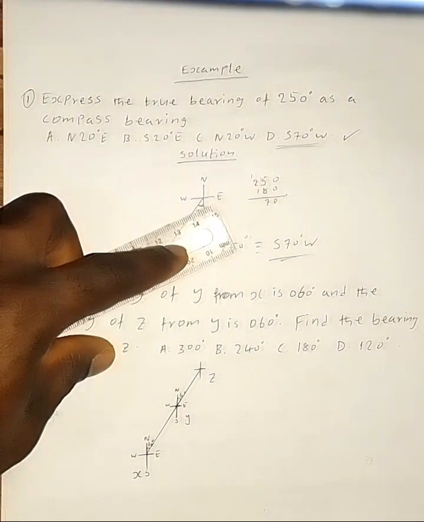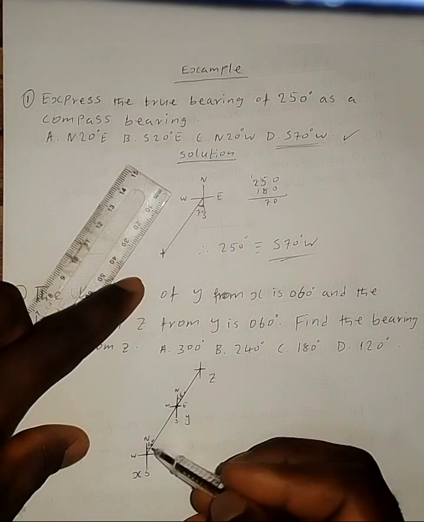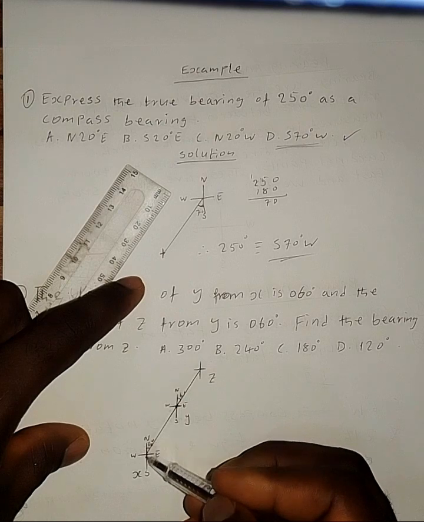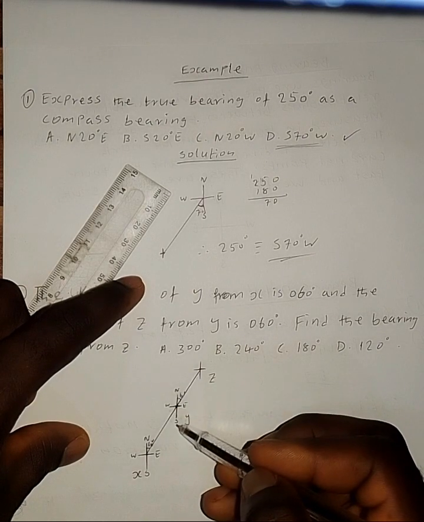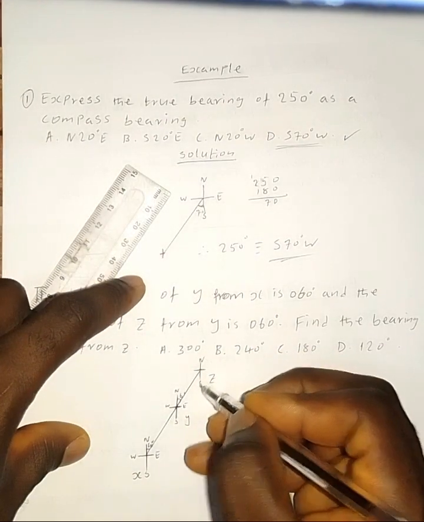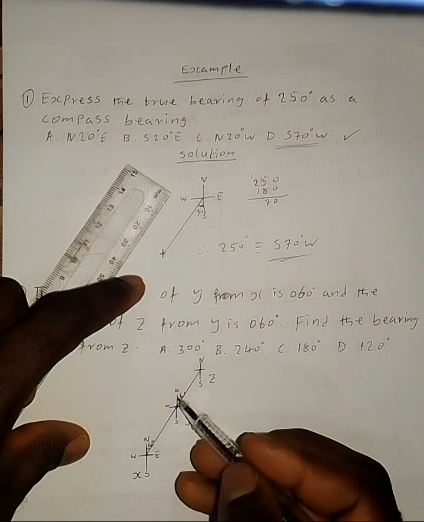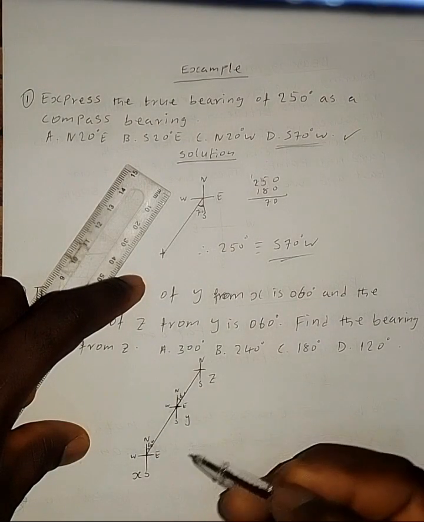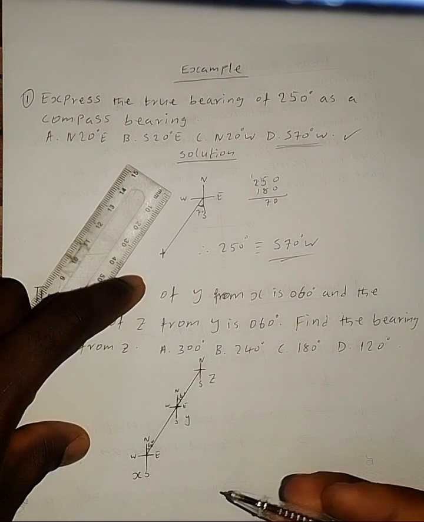Why did I say it will be on a straight line? It is because the north-south line here is parallel to the north-south line here, and also parallel to the north-south line here. So since these 60 degrees correspond, the lines would be collinear. So these 3 points are on a straight line.